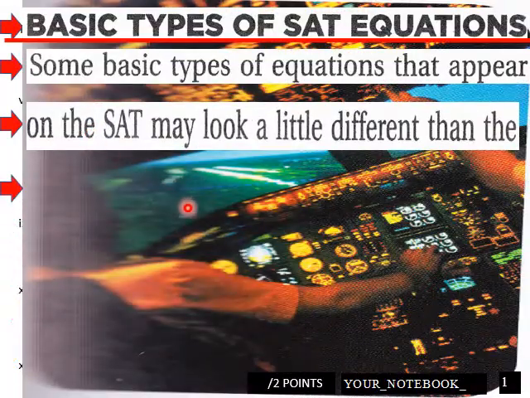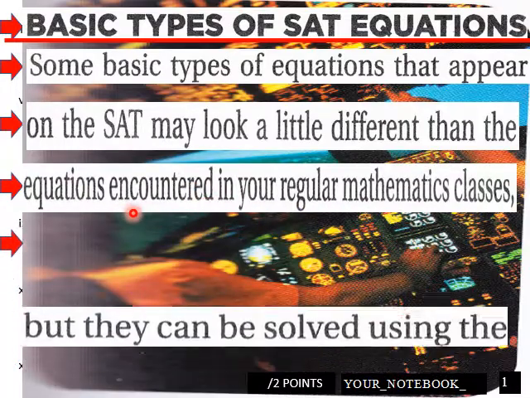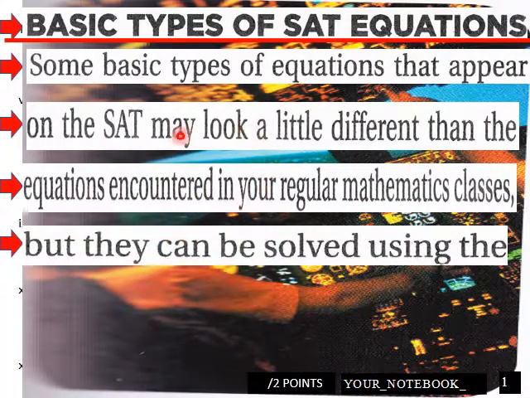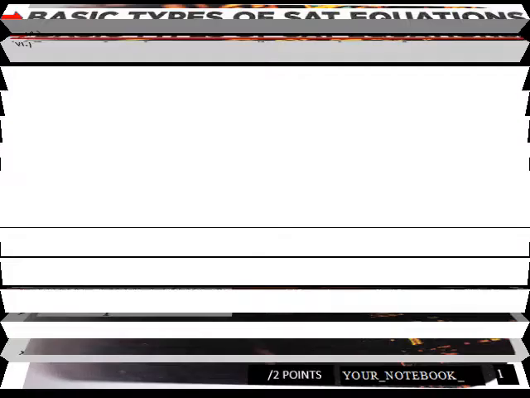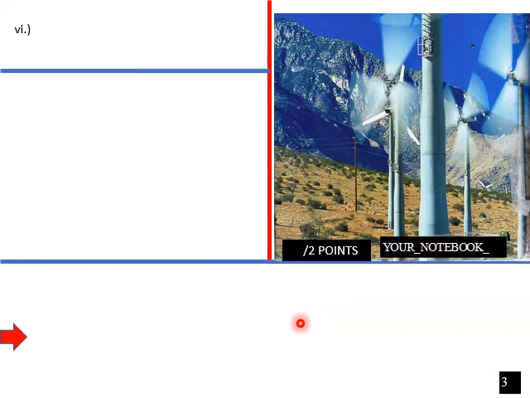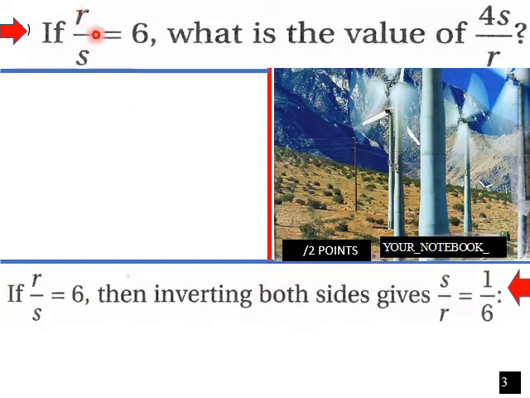Basic types of SAT questions. Some basic types of questions on the SAT may look a little different than the equations encountered in your math classes, but they can be solved using the same procedures. So here would be an example: r over s equals 6. What is the value of 4s over r?